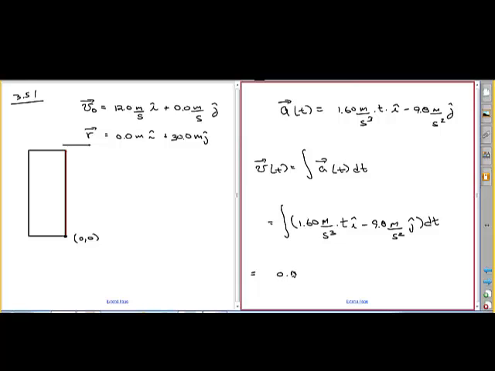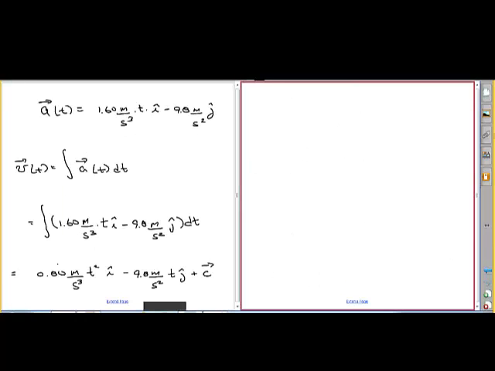So the first term is going to be this divided by 2, so I get 0.8 meters per second cubed t squared I hat minus the integral of dt, which is just t, so I get 9.8 meters per second squared t j hat plus my arbitrary constant vector. That's one difference when you're dealing with vectors: you have a vector arbitrary constant.